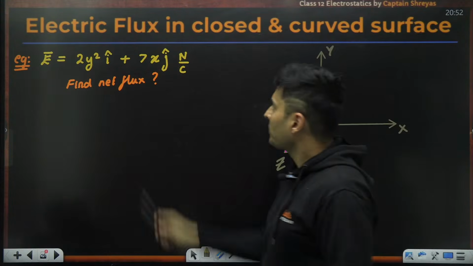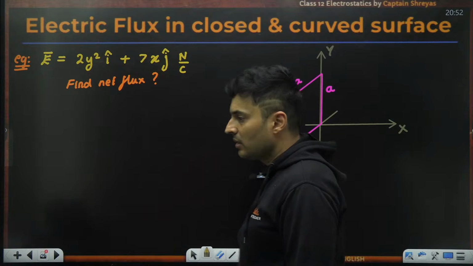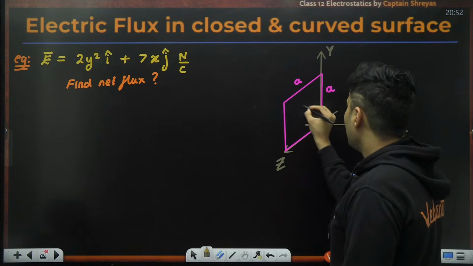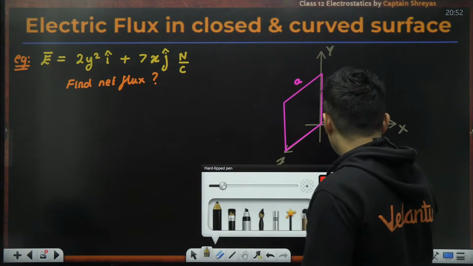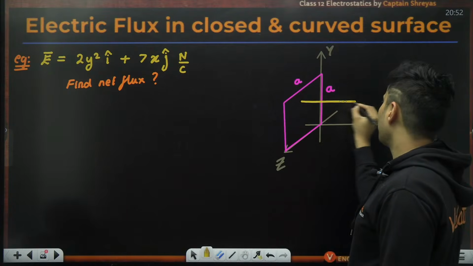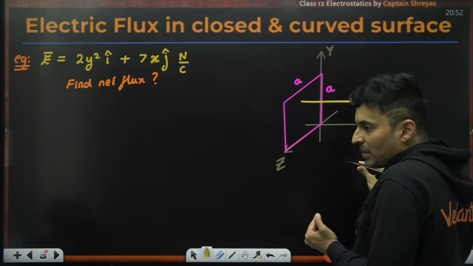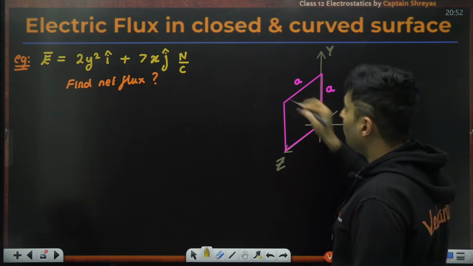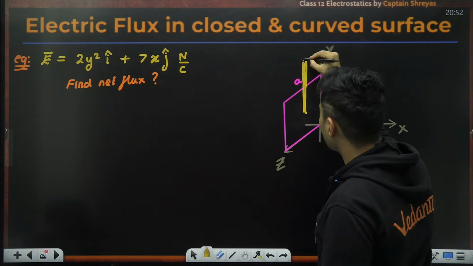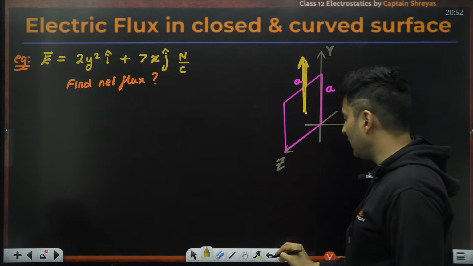One thing is clear, out of i cap and j cap, because the area is like this, the x component, which is the i cap component, will pierce through that area, but the j cap component will be parallel to the area.